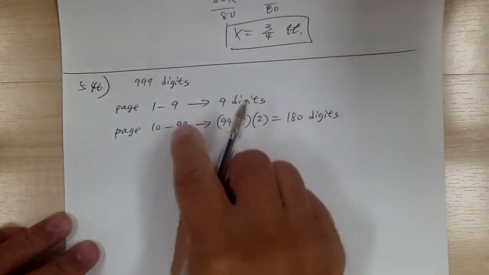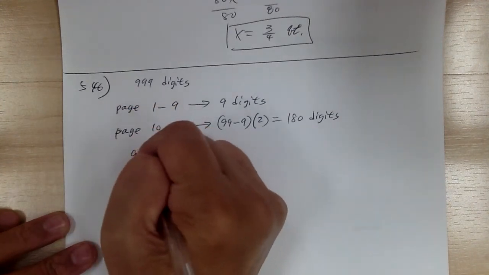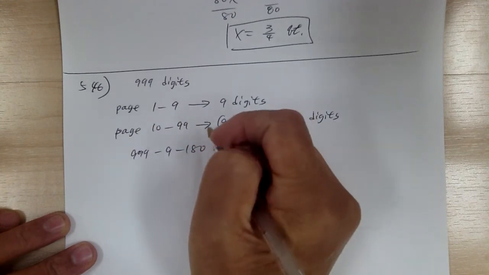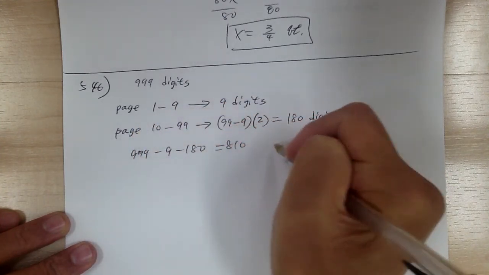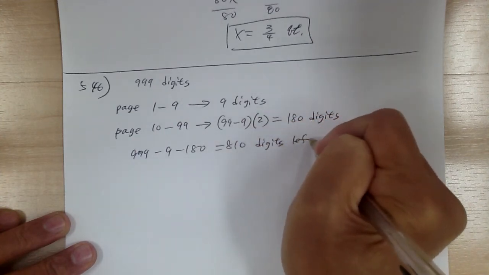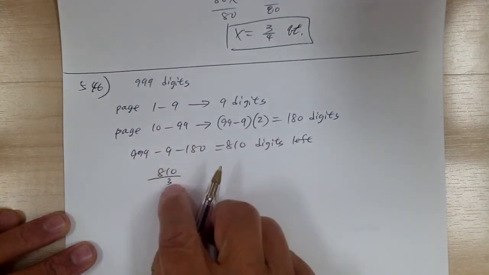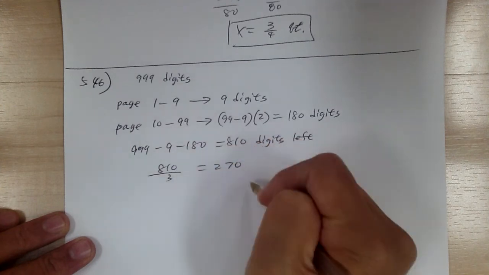So let's figure out how many digits are left for the 3-digit pages. 999 minus 9 minus 180 gives you 810 digits left. Then 810 divided by 3 digits each for the 3-digit pages equals 270.